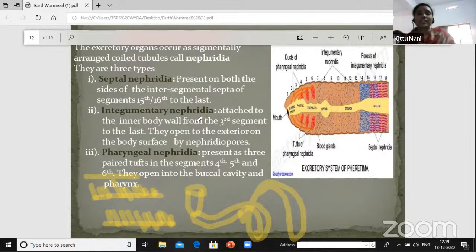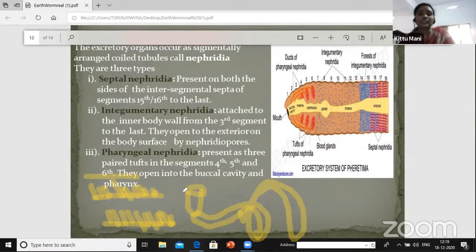And then the integumentary nephridia. Integument means the body, like skin. They are attached to the inner body wall from the 3rd segment to the last segment. They open to the exterior on the body surface by the nephridiophores.